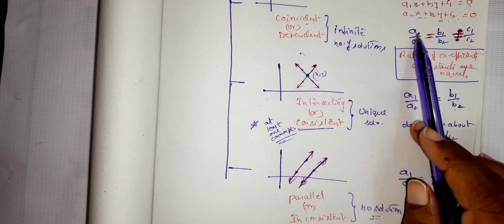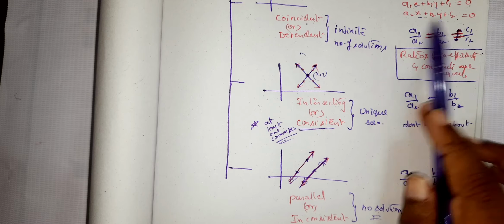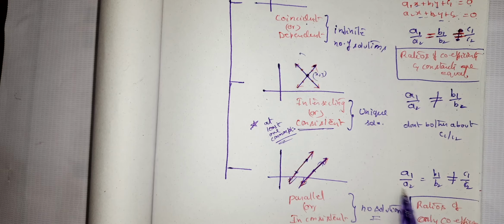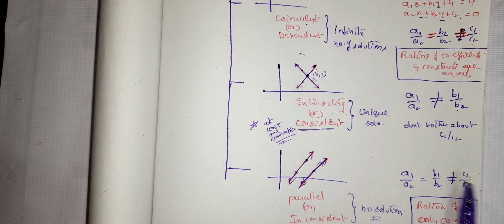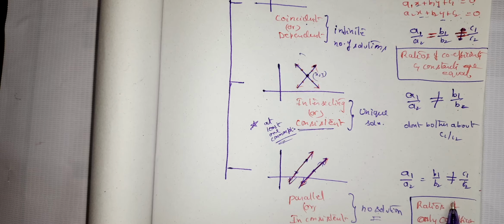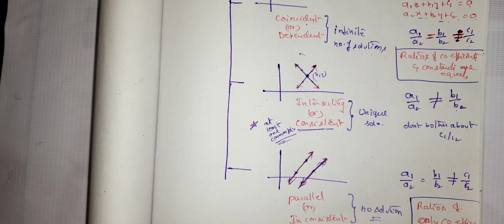In coincident lines, the ratios of all the coefficients and the constants are equal. But here the ratio of coefficients is equal, but not the constants. This is the important difference you should know. Whereas in the intersecting condition, A1 by A2 is not equal to B1 by B2.